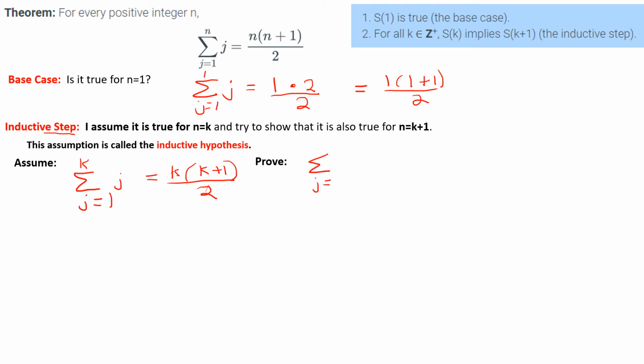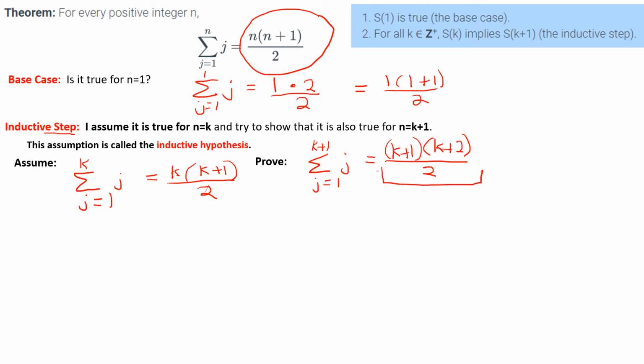So the sum of j, j equals 1 up to k plus 1, is equal to, well, we're going to put k plus 1 in the place of this n up here. So it's going to be k plus 1 times that plus 1, so it's k plus 2, right? K plus 1 plus another 1 is k plus 2, over 2. That's what we want to prove, okay? So this is what we're looking for here. We're hoping to get to this.